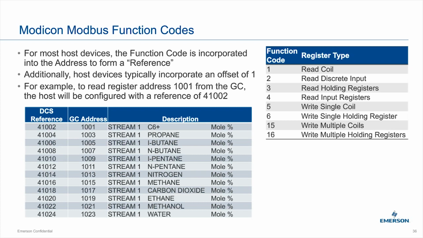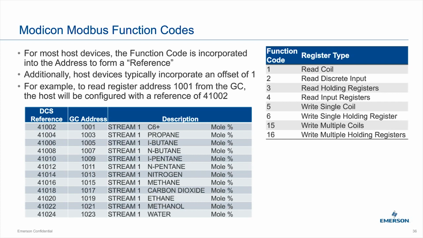This is not just something that's unique to GCs. A lot of slave devices, in fact most slave devices, are configured this way, with the DCS or PLC having to be configured with the function code and the offset as well. We do see a little bit of change with some more modern devices, but this is one of those frustrations of working with Modbus communication.